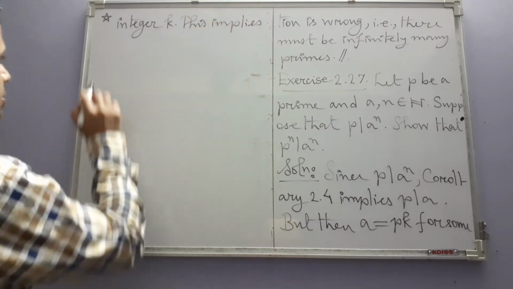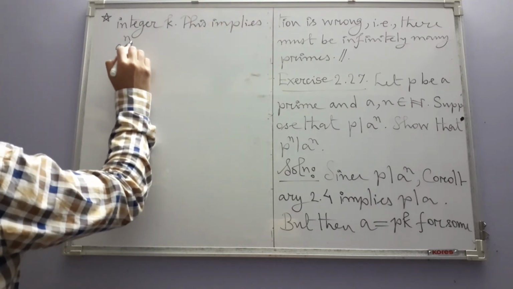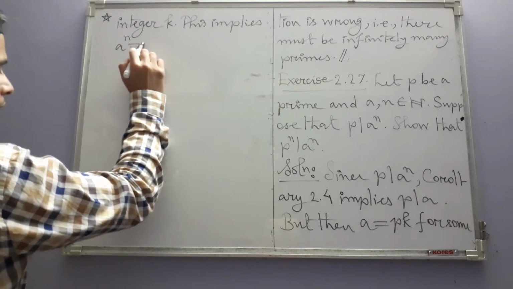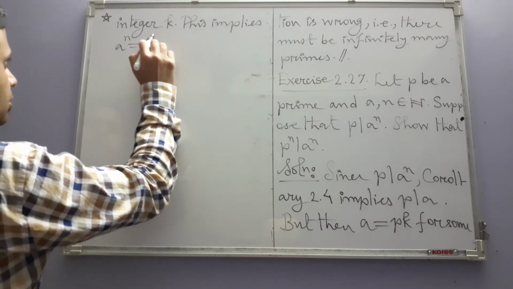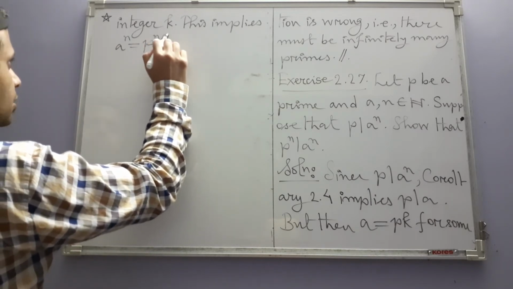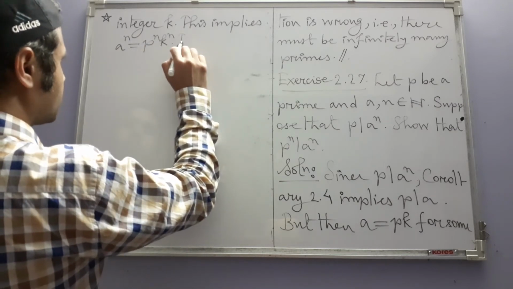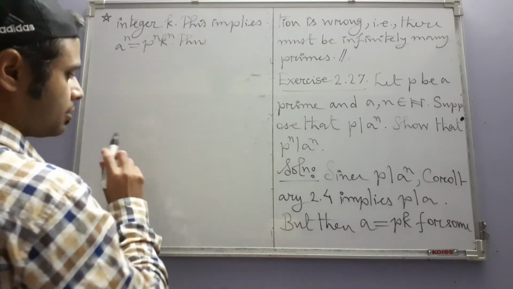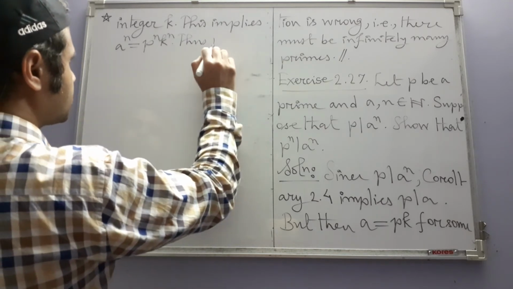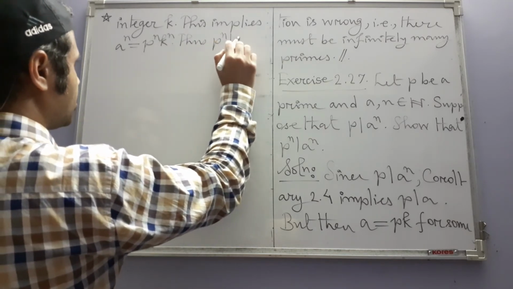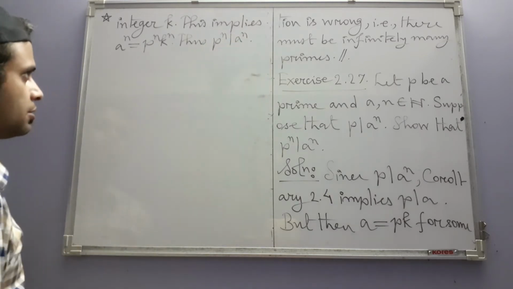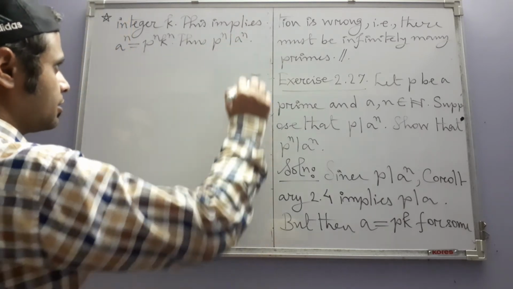This implies a to the power n is equal to p to the power n times k to the power n. But that in turn implies that p to the power n also divides a to the power n, and that's just it.